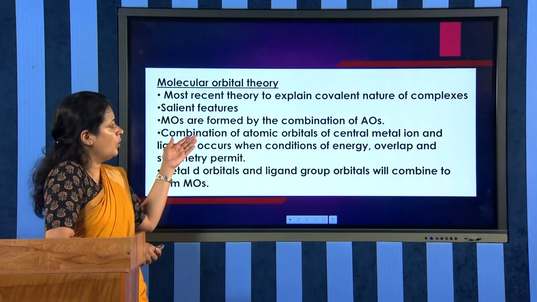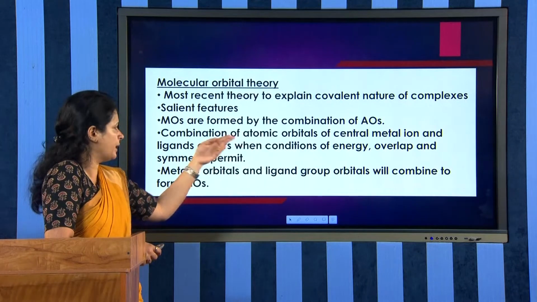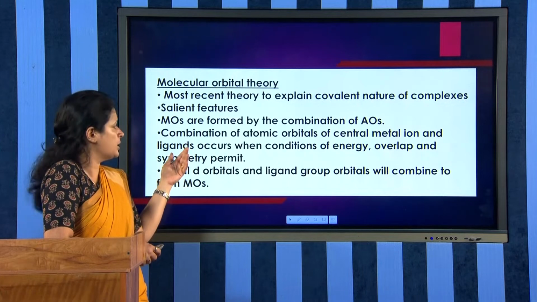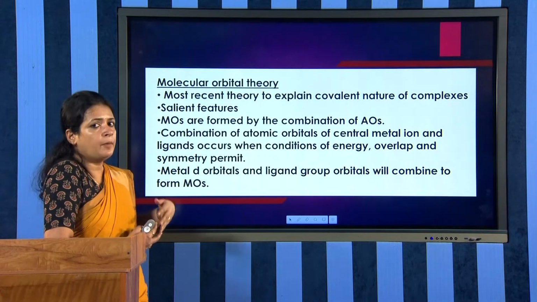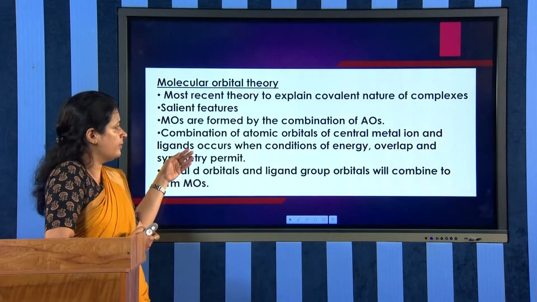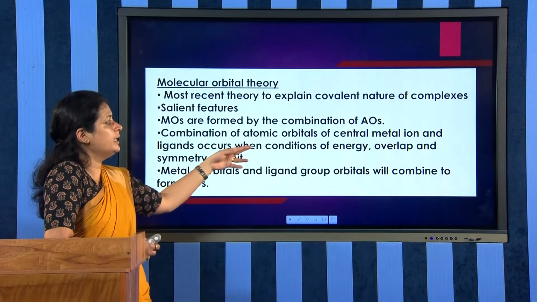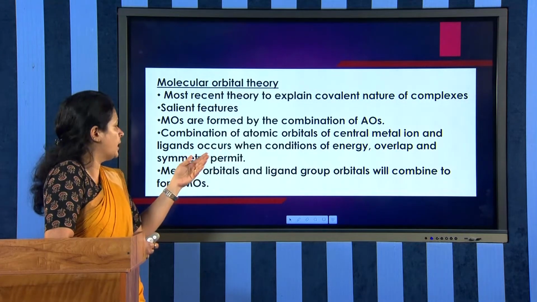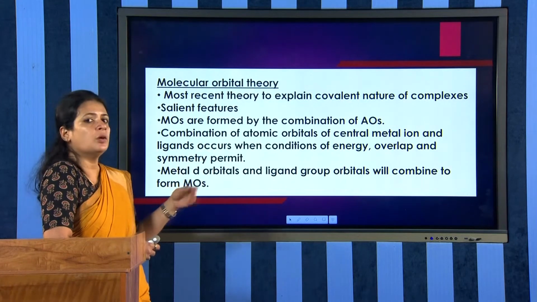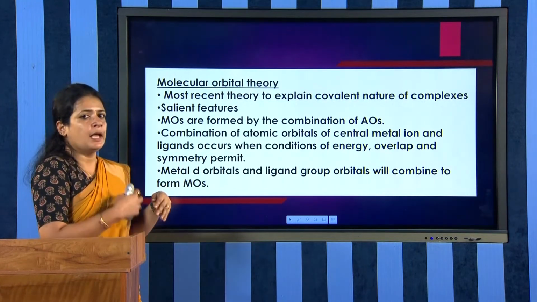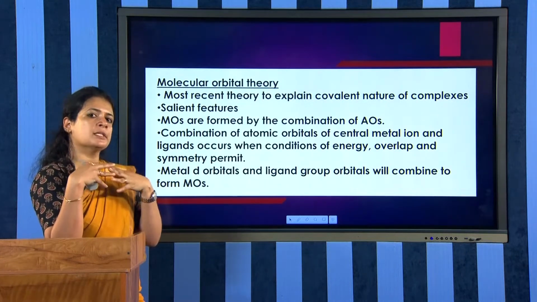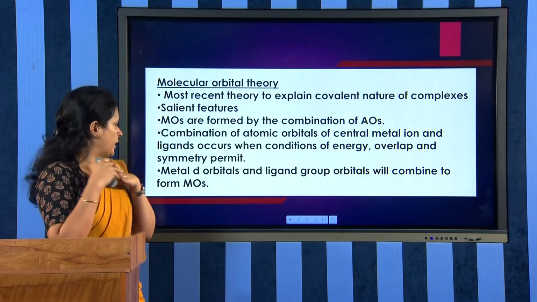And now the combination of atomic orbitals of central metal ion and ligands occurs when they meet the conditions for overlap. They combine when conditions of energy, overlap and symmetry permit. When these conditions are matched, these atomic orbitals will combine to form the molecular orbitals.